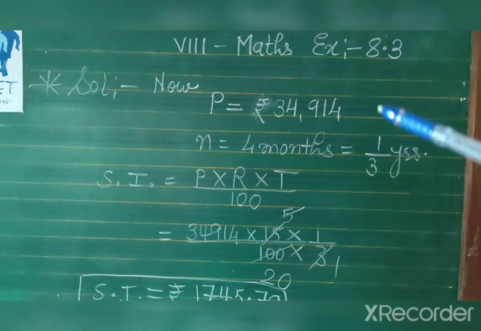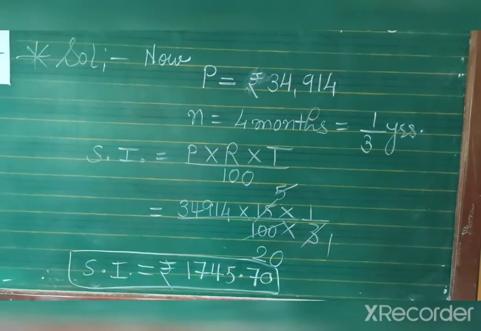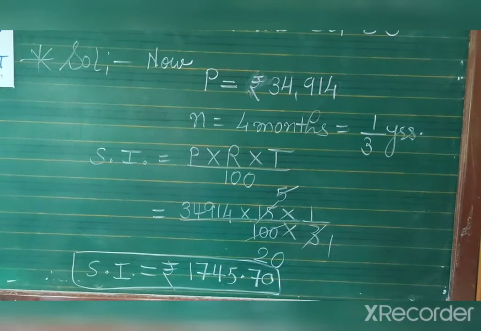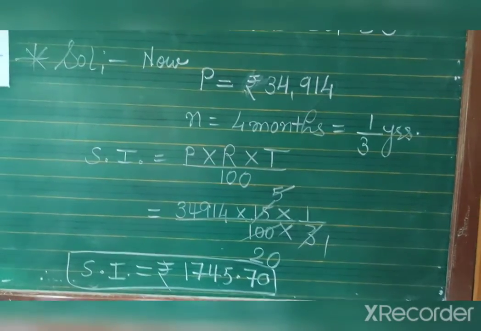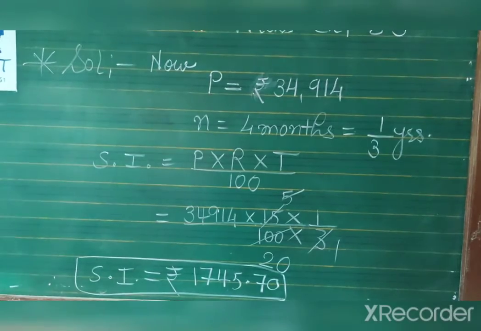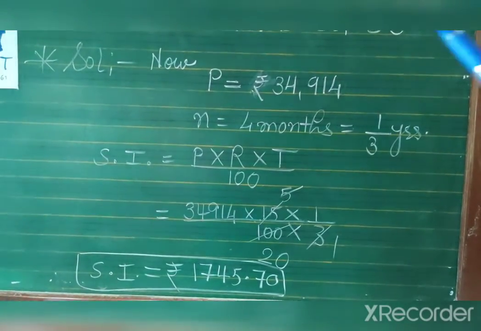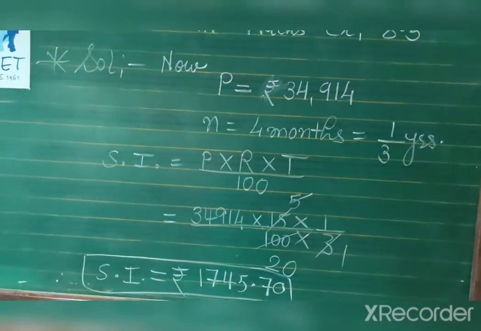Now the amount for 2 years we have calculated is 34,914. This amount is the principal for the next 4 months. In exponent form it is very difficult to solve, so we calculated first for 2 years, and now for the next 4 months, that means 1 upon 3 year, 4 divided by 12.